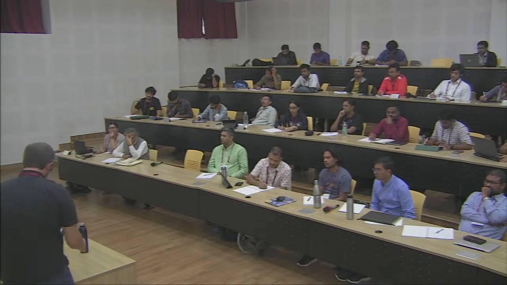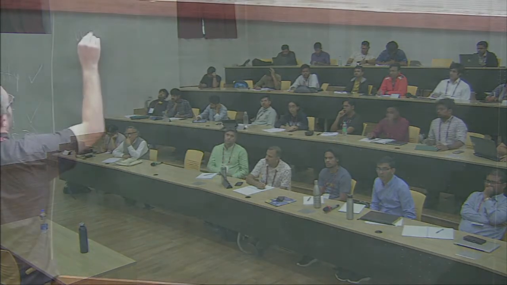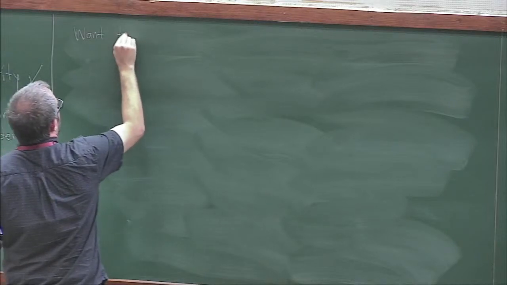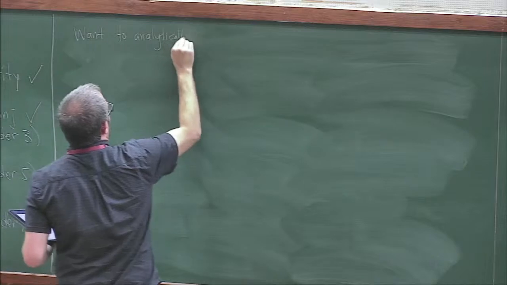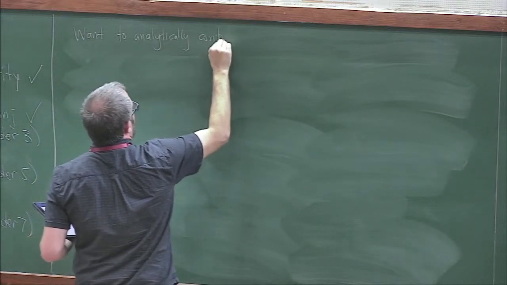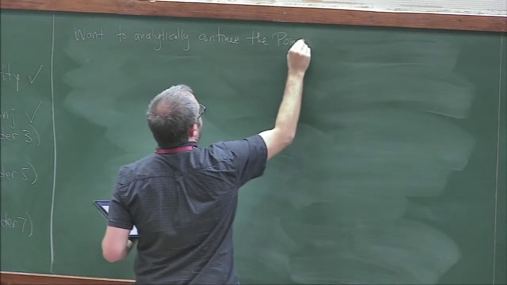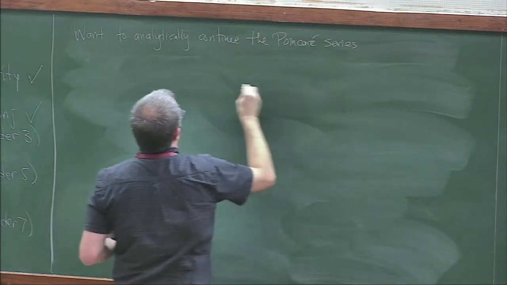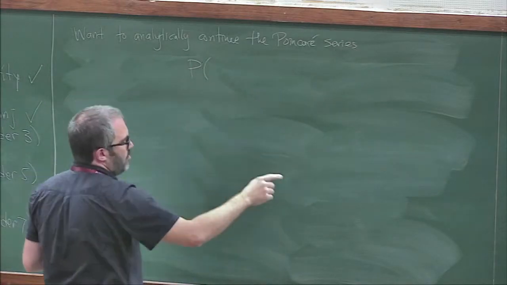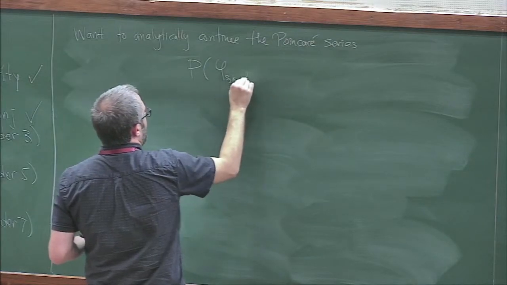Okay, so we want to analytically continue the Poincare series, P of the seed phi sk of tau.